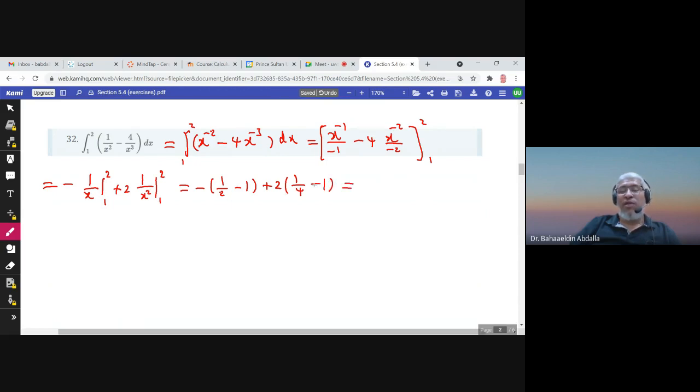So this is half minus 1, negative half, times negative is just half, and this is 1 over 4 minus 1, negative 3 over 4 times 2 is negative 3 over 2, and 1 minus 3 is negative 2 over 2, so the answer is negative 1.